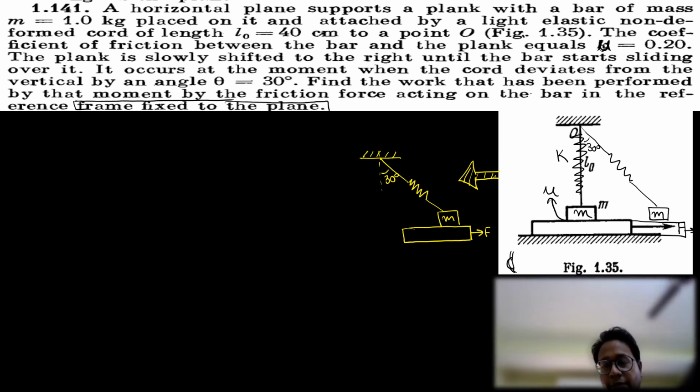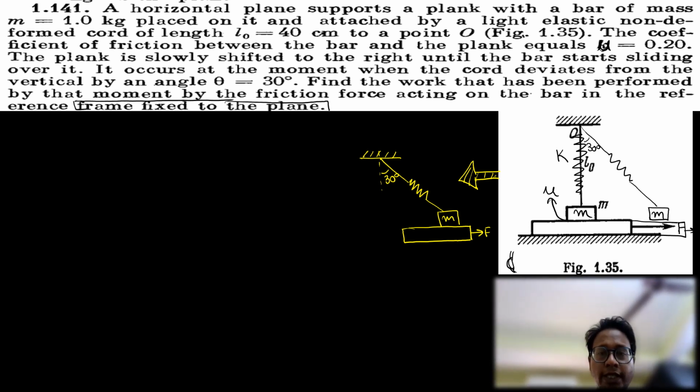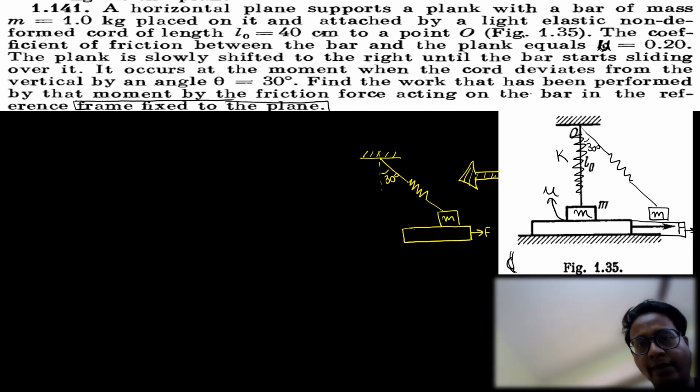For example, suppose I say the kinetic energy of a body is equal to half mv square, where v is the velocity. Now velocity is dependent upon the frame of reference. Similarly, work done is nothing but force into displacement, or the dot product of force and displacement. Displacement is dependent upon the frame of reference, so this term will depend upon the frame of reference.